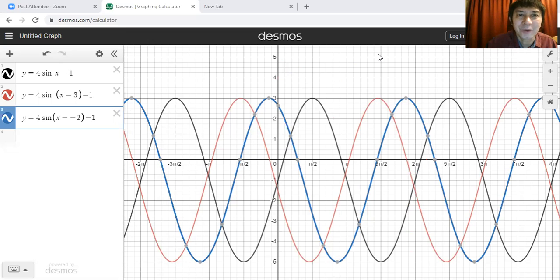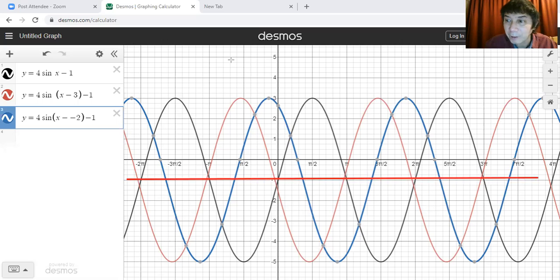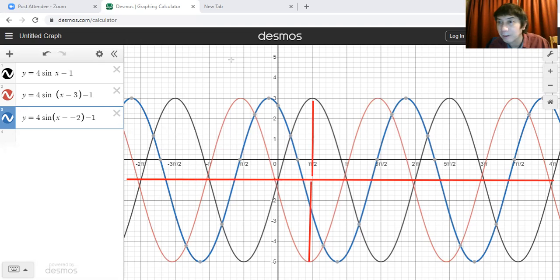So the new midline must be the -1. This line here, that's the new midline. And still you have the amplitude 4. From the midline, this is 4, and going downwards, that is also 4 there.